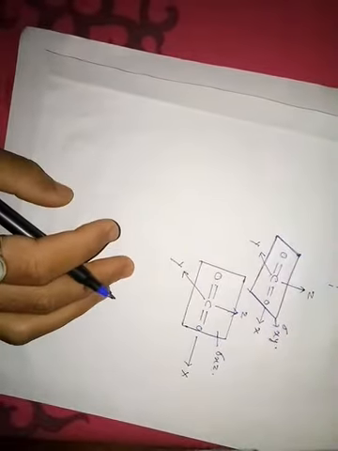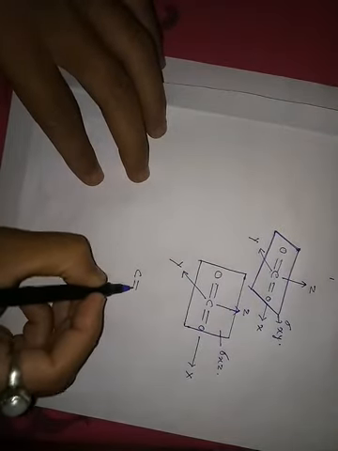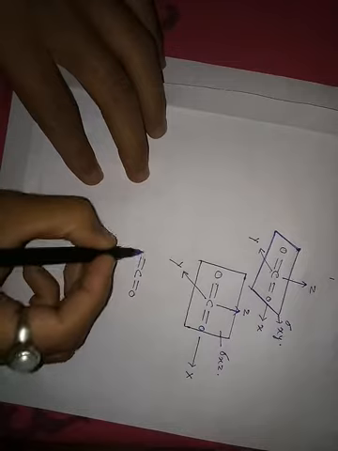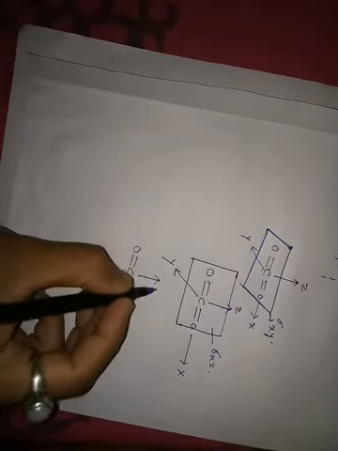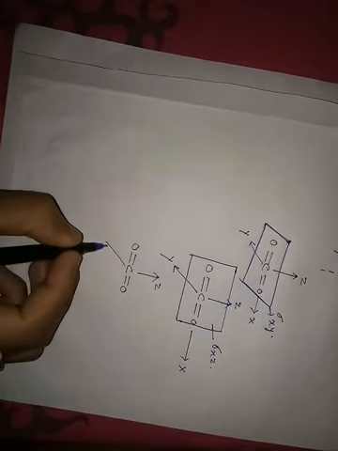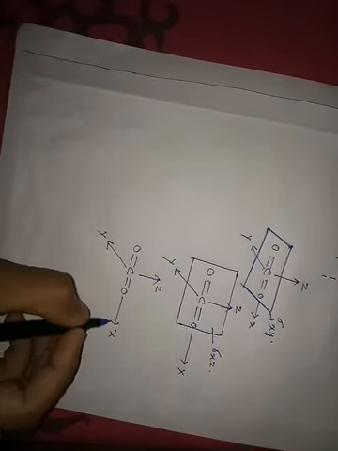Now the next case is the sigma yz plane. Again we will draw carbon, double bond oxygen, and double bond oxygen. This is our z, and this is y, and this is x.